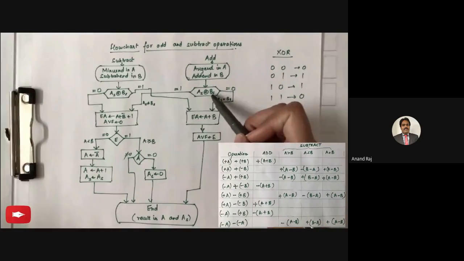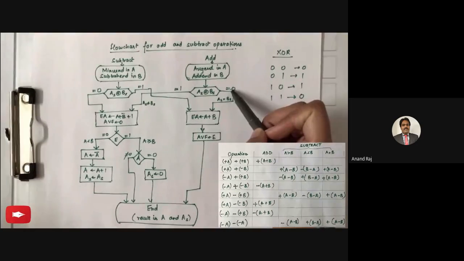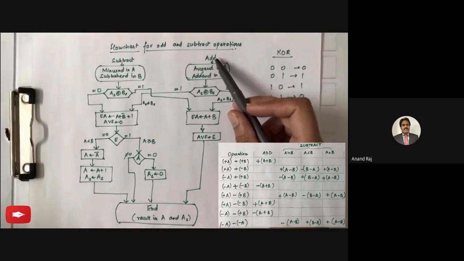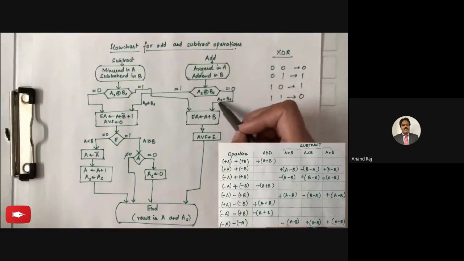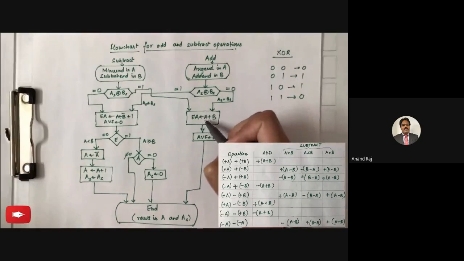Here the XOR gate results in 0, that is the sign is the same. For add, that is the first and the fourth case, addition of A and B is performed, and the result is stored in EA, and the value of E is transferred to AVF, where AVF was the add overflow flip-flop.